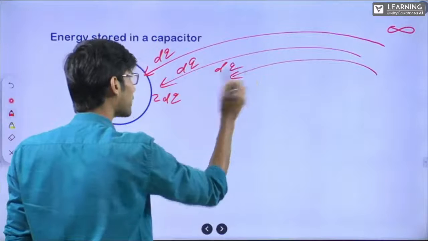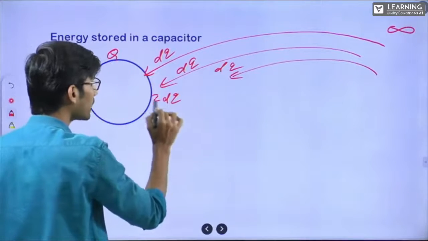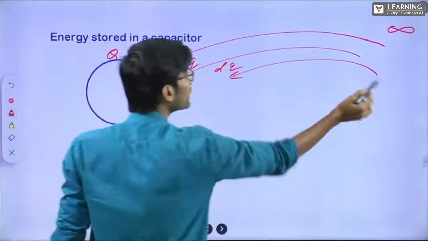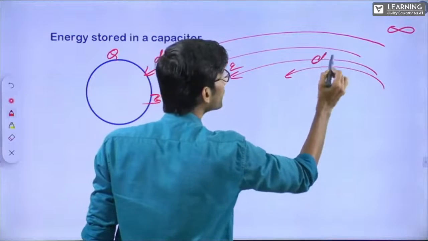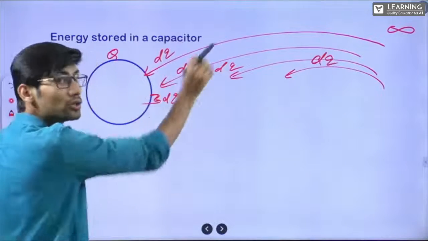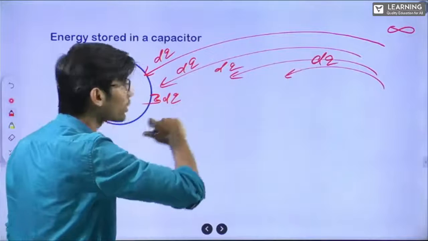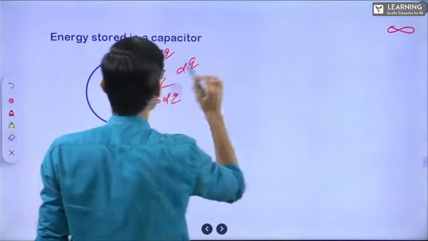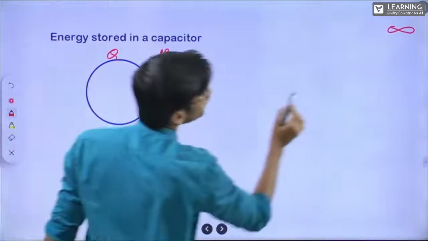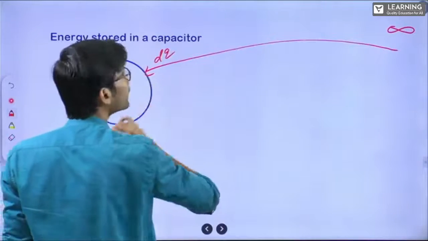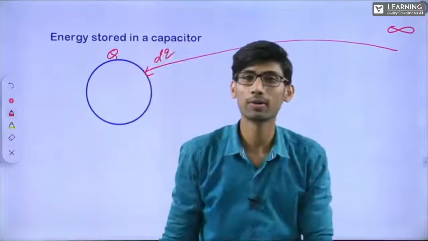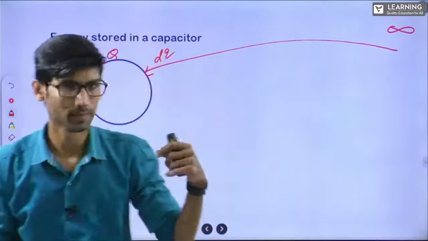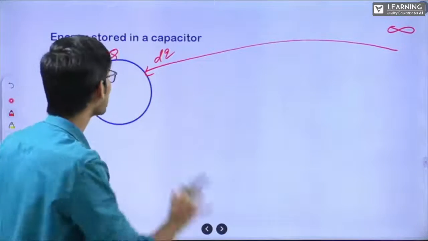Let's say I did some work and I brought this dq here. Now here there are total 3 dqs. For bringing this fourth dq, these 3 dq are repelling. The work done will be more. Every time the work done is increasing. So work done is not constant, it is variable. Integration will come into picture.